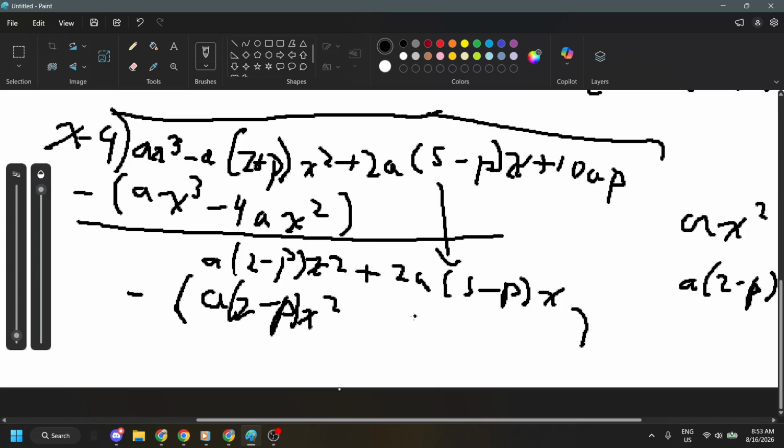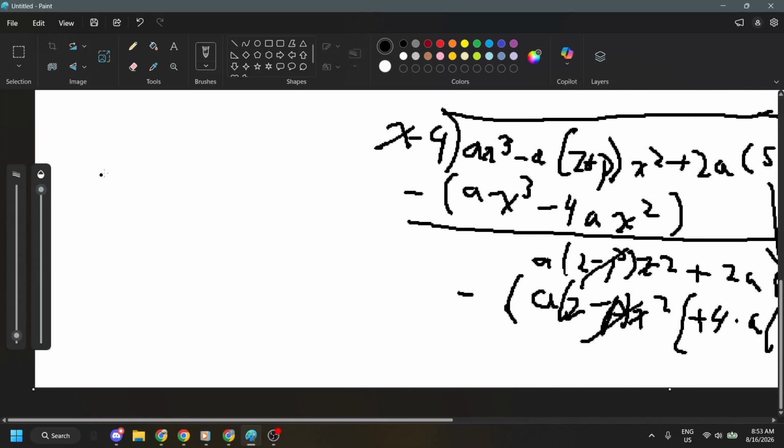Then we do minus 4 times a times 2 minus px. So these two cancel out, and then we just move this here. Let's write this out.